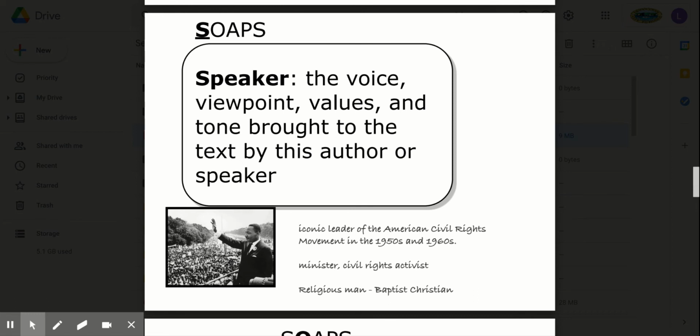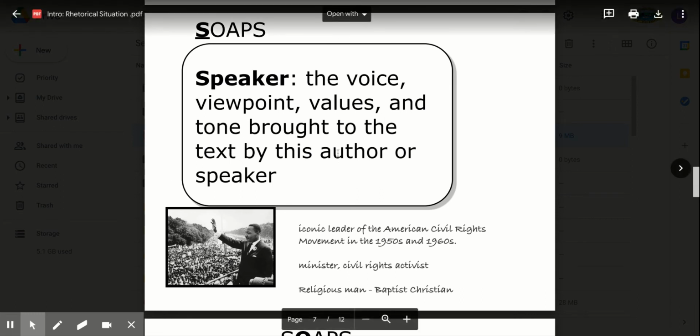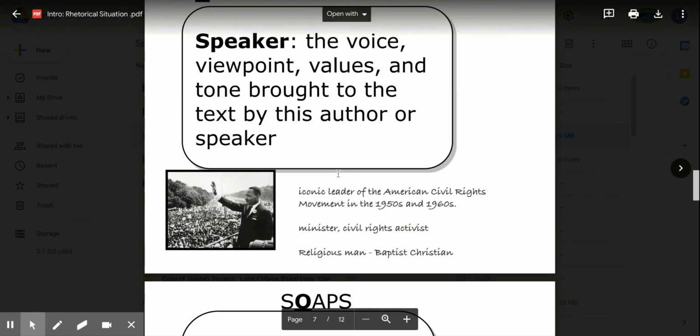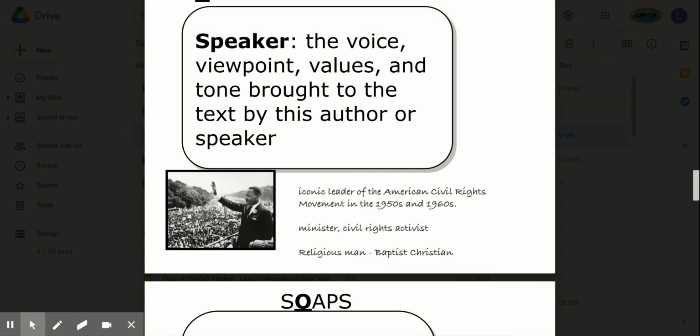They're talking as if they think something. They're presenting themselves in a certain way. That's still speaker. So it's just whoever is delivering the argument is the speaker. And it might involve all true autobiographical information that they are providing about themselves, or it might be this persona that they are putting on.